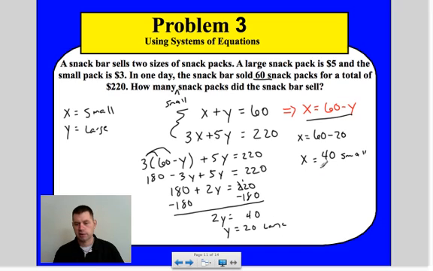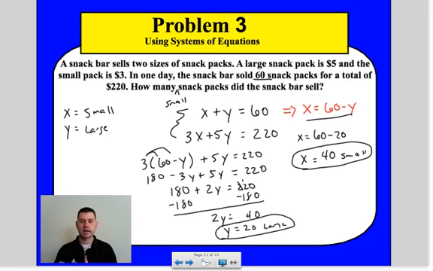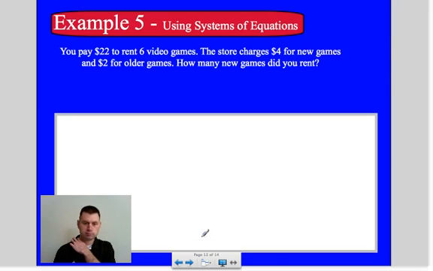In this case, we would actually write those out just because this is a story problem. In story problems, we typically write it out: 40 small, 20 large. The answer was 40 small because that was the question, how many small? But if you want to write down 20 large, just so you know.